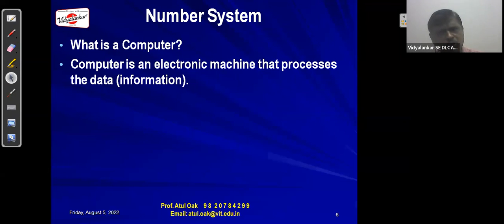So it's an electronic machine. And processing can be any operation, like you have studied C programming in SEM 2, or you may be studying Java or Python in this semester.